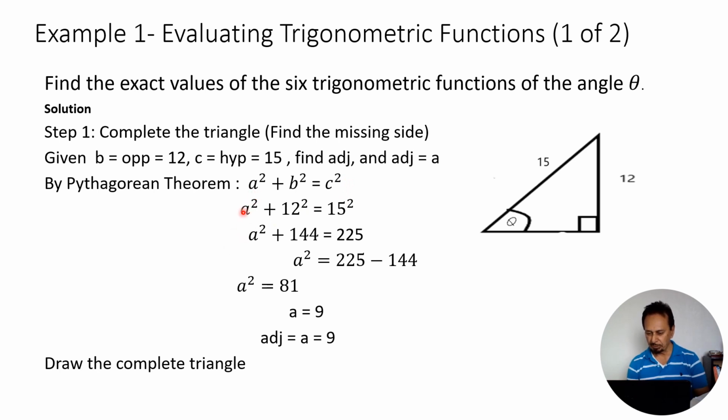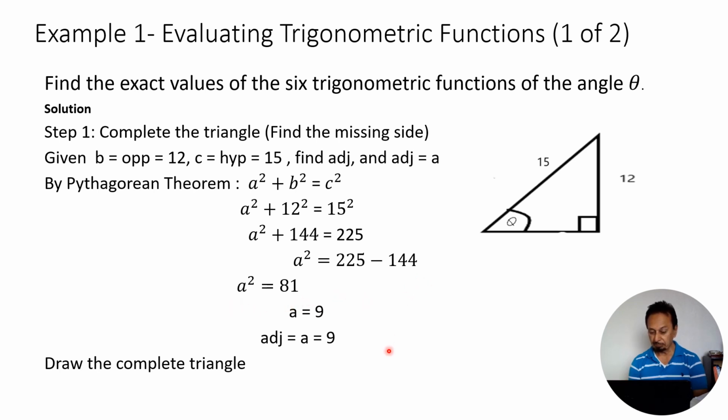So we have to find A squared. B is 12, so it becomes 12 squared, and C is 15, so it becomes 15 squared. Now we bring down A squared. 12 squared is 144, 15 squared is 225. We move the 144 to the right, so A squared equals 225 minus 144, and 225 minus 144 is 81.